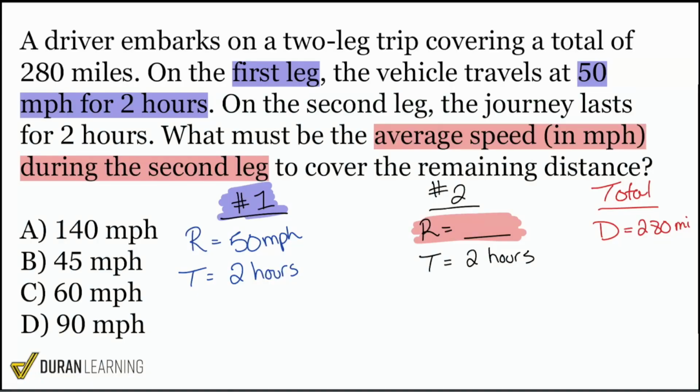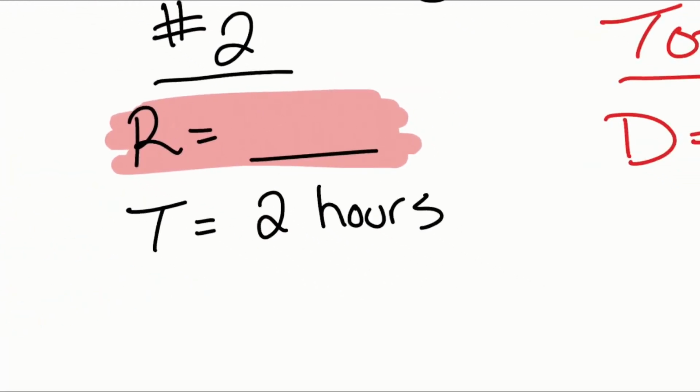Yeah, and I know there's a little bit of debate in the chat box, but our focus is the second leg. Remember, it always comes down to the question sentence. What we care about is the speed, which is the rate, for the second leg. So this is truly what I care about. That's what I'm going to hone in on.